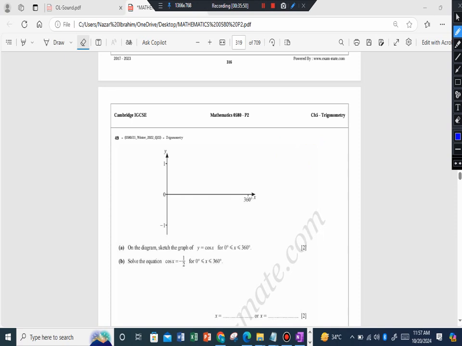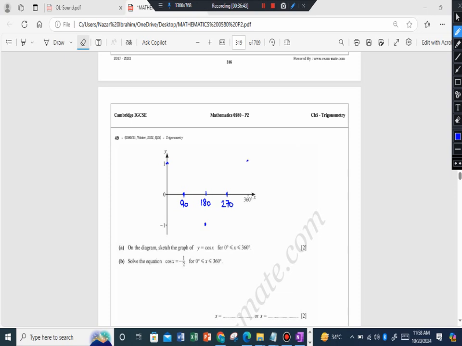Now let's first write the values. That is 90, 180, 270 and 360. Okay, the cos graph starts from 1 because cos 0 is equal to 1, right? It starts from here. Cos 90 is equal to 0, cos 180 is equal to minus 1, cos 270 is again 0, and cos 360 is again 1, right?